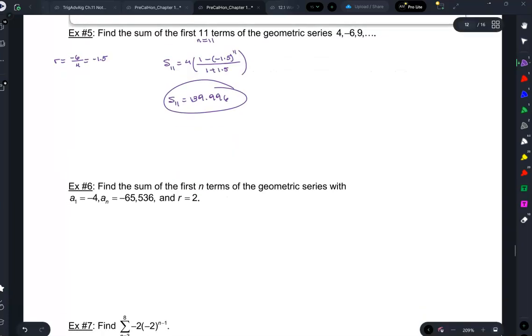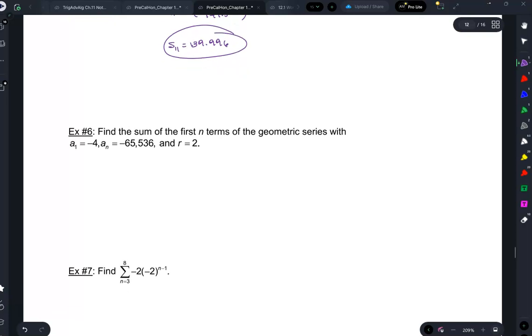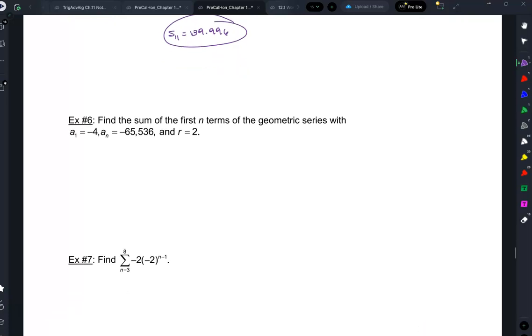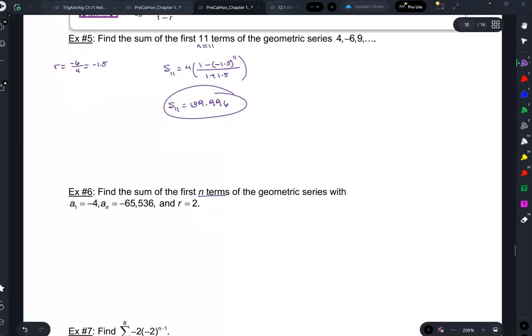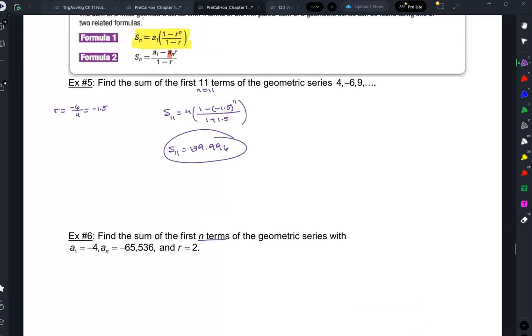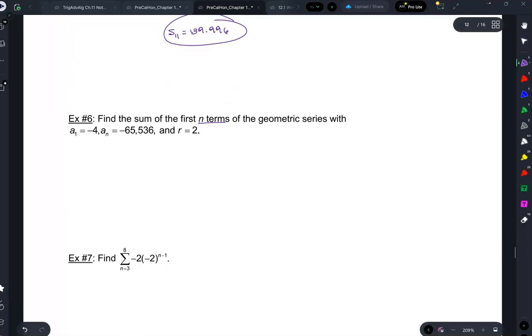Okay, let's go calculus style. Fabulous. Okay. So the sum of the first n terms, we need to find the sum of the first n terms of the geometric series with a1 and an, right? So this time you're given the last term, right? So there is a chunk, and then you have r. In this case, because we have a sub n given, but I don't necessarily know how much n is, I use the second formula.